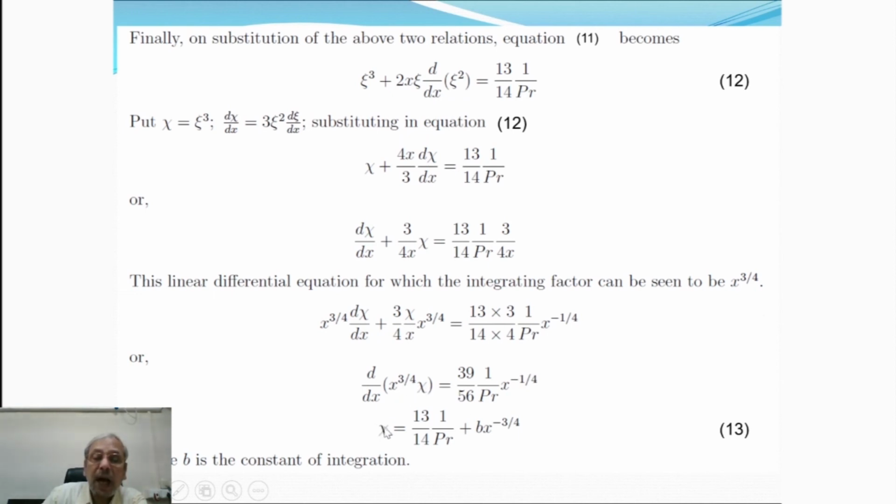Then we write chi equal to 13 by 14, 1 by Prandtl number plus b into x to the power minus 3 by 4. B is the integration constant. When we divide it by x to the power 3 by 4, we get b x to the power minus 3 by 4.